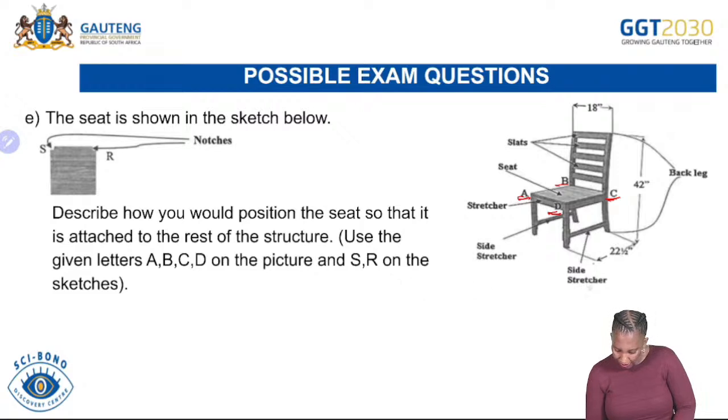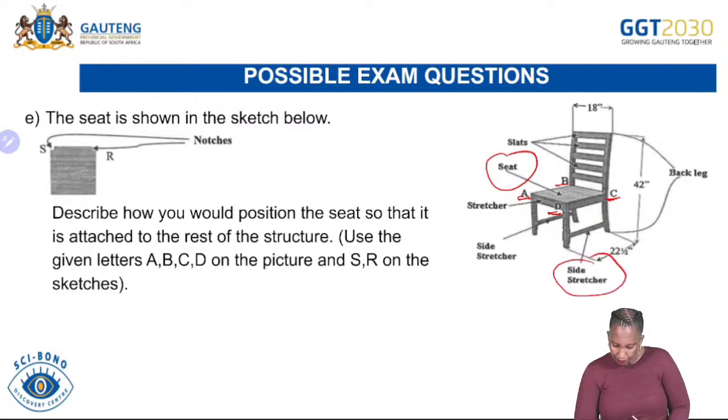Where is our S there? Our S, it is there, this one, okay, the seat, and then we have our R on the sketches. Let's have a look. Where is our R there on the sketches? Okay, we have the seat, and then we have the side stretcher here.